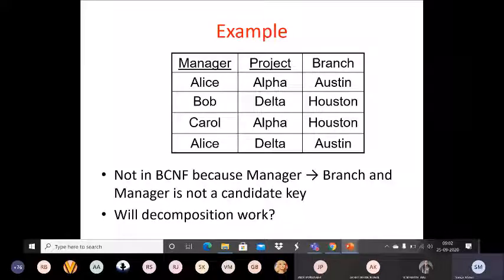Why? Because manager can determine the branch. So a part of the candidate key is determining another attribute, and we can't do this. The whole candidate key should determine other attributes.